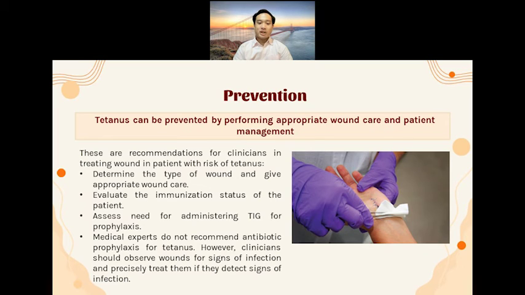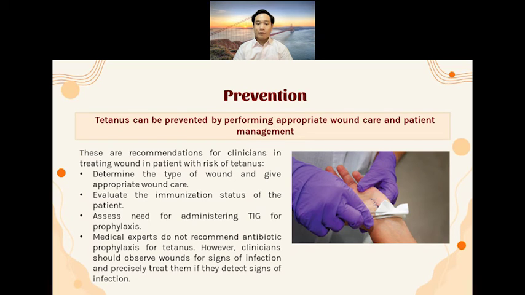The second recommendation is to evaluate the immunization status of the patient. Unvaccinated patients should start and complete a 3 dose primary series of tetanus vaccine: DTaP, Tdap, and Td. Consider patients with an unknown or uncertain history of vaccines as patients with no previous tetanus vaccine. Patients who have not completed 3 doses of the primary vaccine should complete the vaccination.